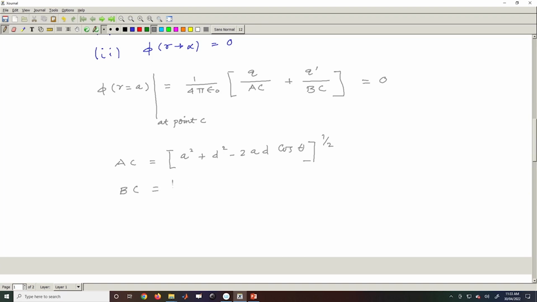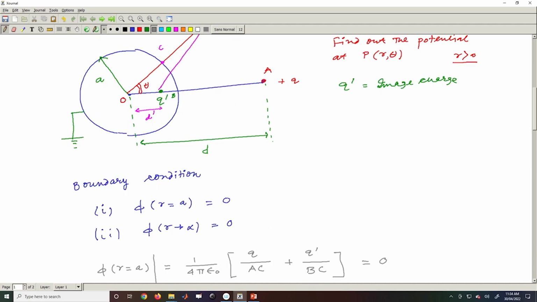BC is A square plus D prime square minus 2A D prime cos theta, whole to the power half, right? Because BC is eventually this length, and AC is this length. So that we are doing in a dotted line.